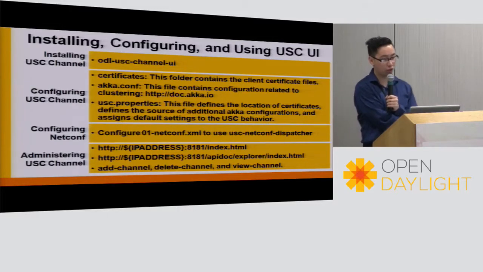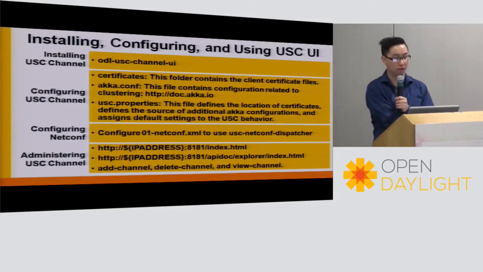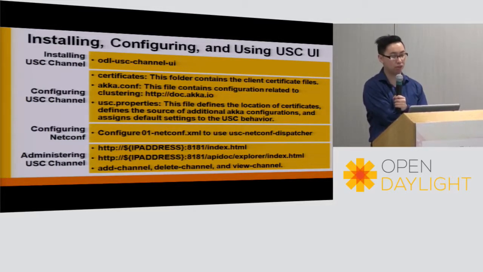And then you can also specify the location of your certificates inside our USC properties file. If you are using our demo Netconf dispatcher, then you would have to make additional configurations to your Netconf XML to use the USC Netconf dispatcher XML instead.